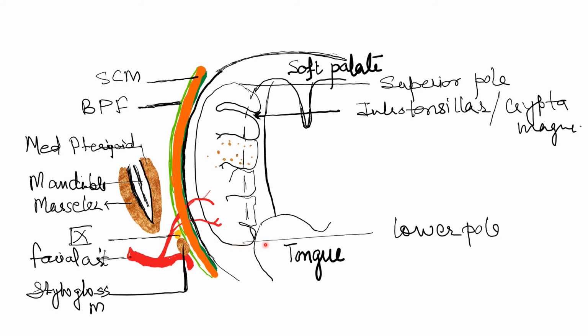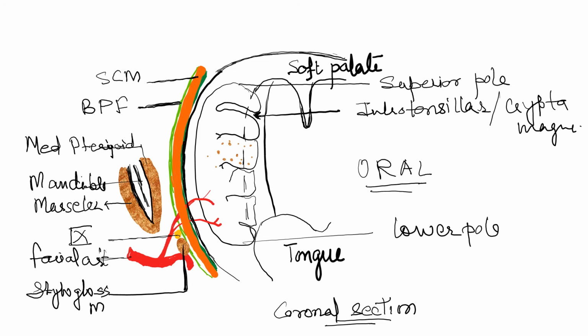So the lower pole is going to be related with the basal part, the dorsal posterior most part of the tongue, and these are the lateral relations. So this is which section? This will be the coronal section. Okay, so this would be the oral aspect, and this is the lateral, this is superior.